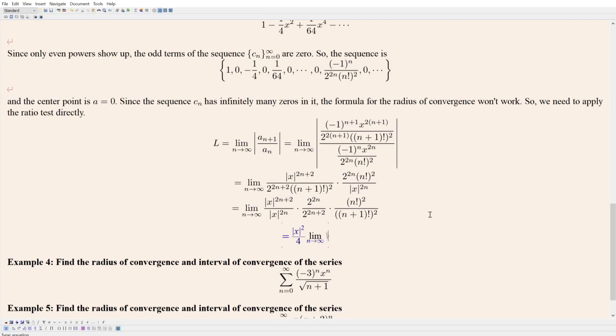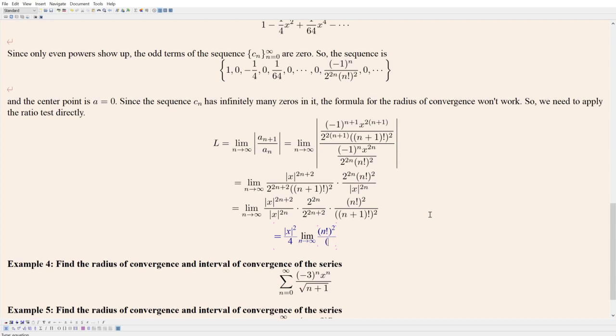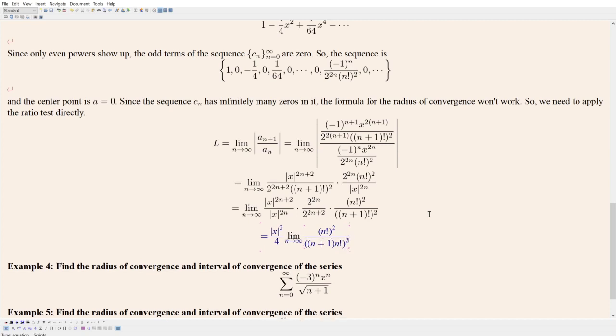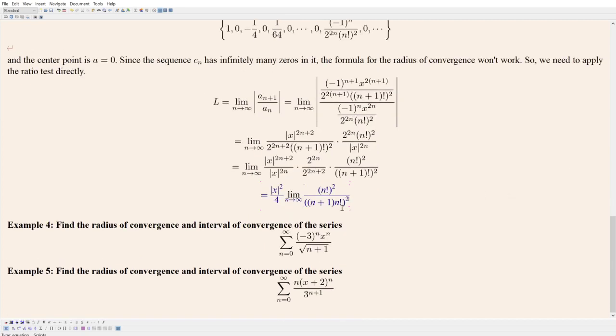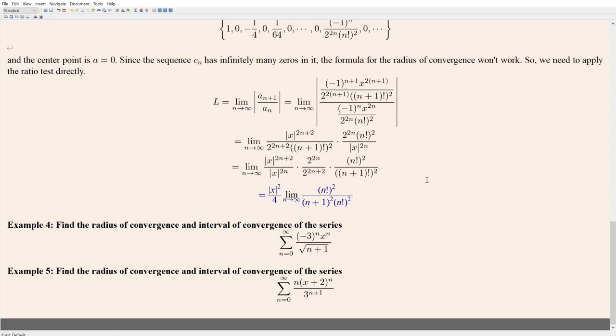Now, here, let's do our factorial trick. Because n plus 1 factorial is the same as n plus 1 times n factorial. So this is like so. And then I can take that square and distribute it. So this is n plus 1 squared, n factorial squared. Like so.